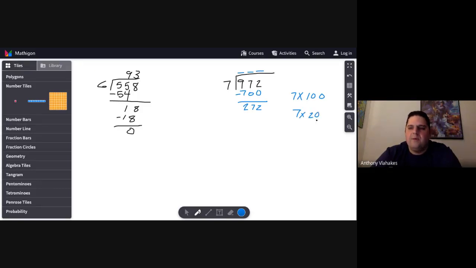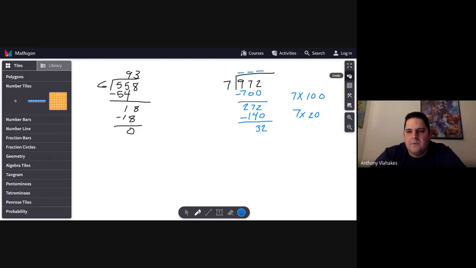So now I'm multiplying by the tens. Here I've multiplied by the hundreds, and I'm going to subtract 140. So if you notice what happens here, and this is especially if your child does not know all their multiplication facts, this actually helps them because they realize that they can use a different method to get their answer.